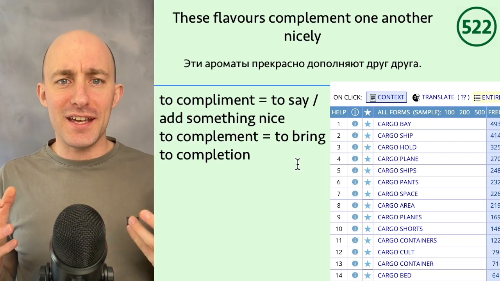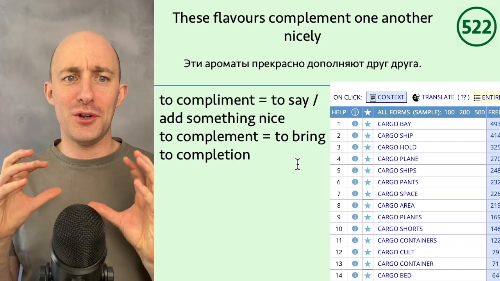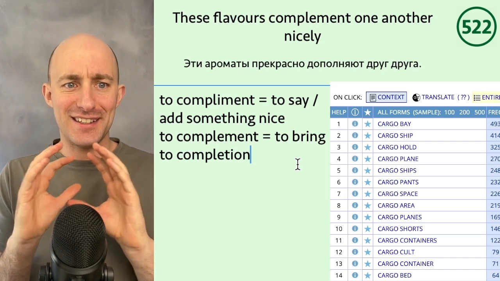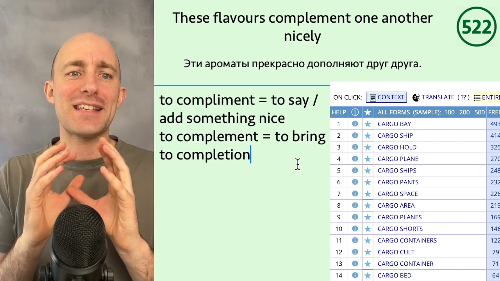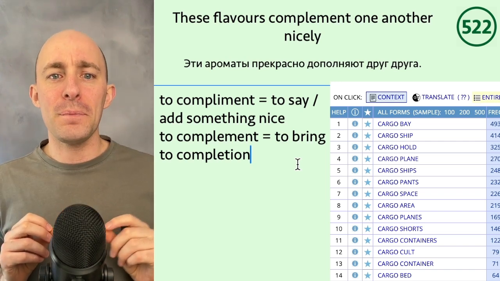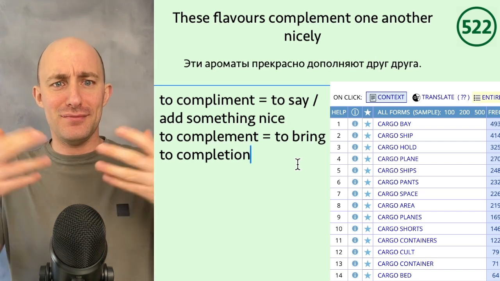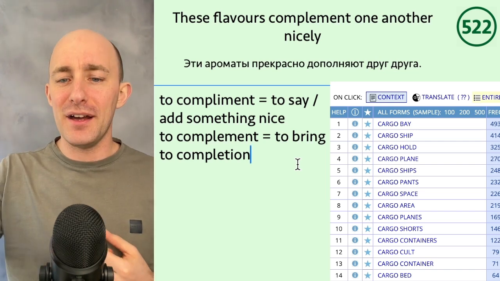So in this case, they complement one another. They create the whole effect. That's how they complement one another. Whereas if you compliment somebody, you say something nice to them.